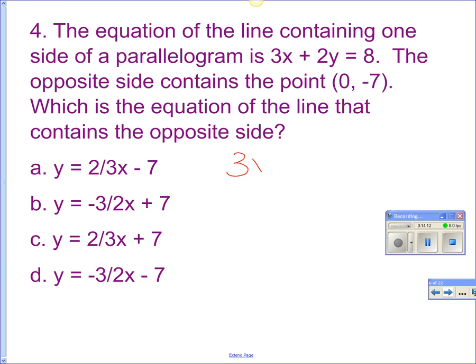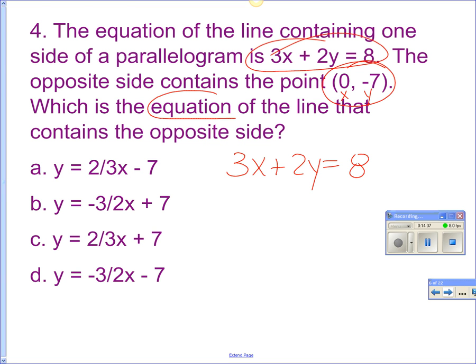Good. 3x plus 2y equals 8. That's going to be important. Andrea, what's something else I should circle? All right. I'm going to have to use that point. 0 and negative 1.